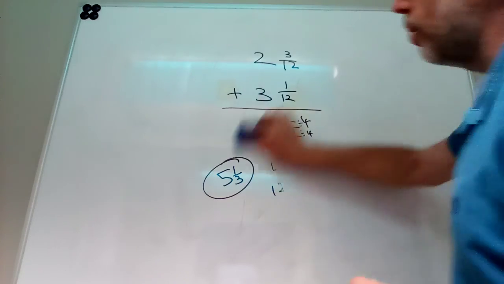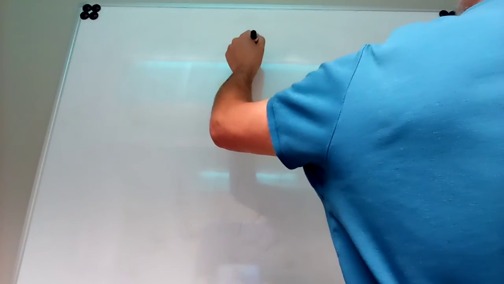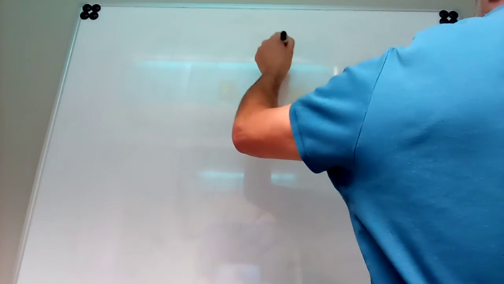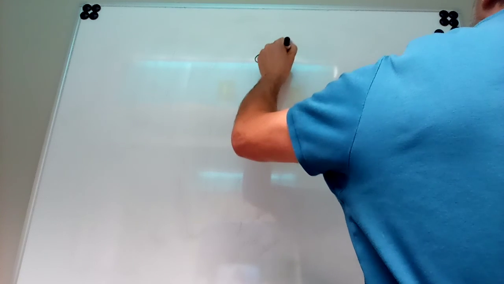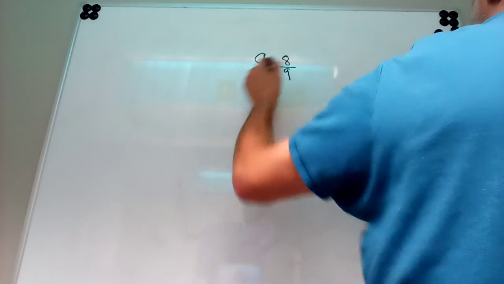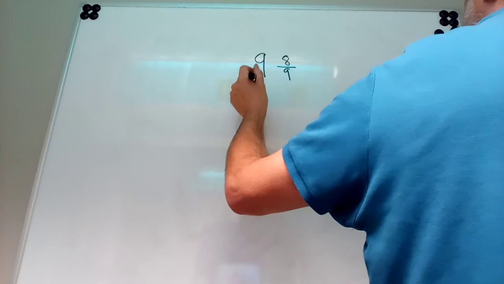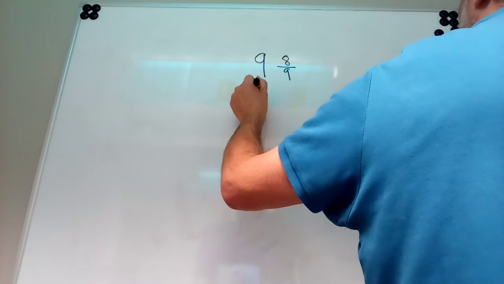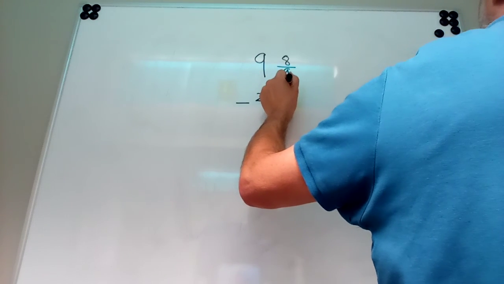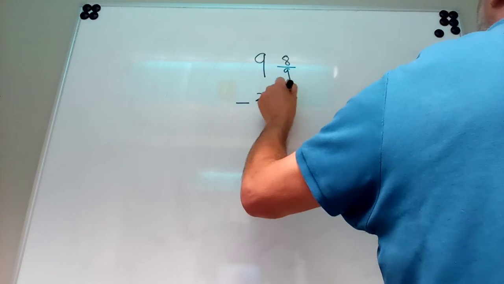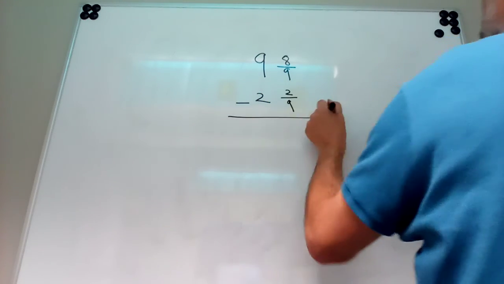Let's do a subtraction problem. Same idea, works the same, we're just subtracting instead of adding. So let's go 9 and 8/9. And let's subtract 2 and 2/9. So we're going to subtract now.